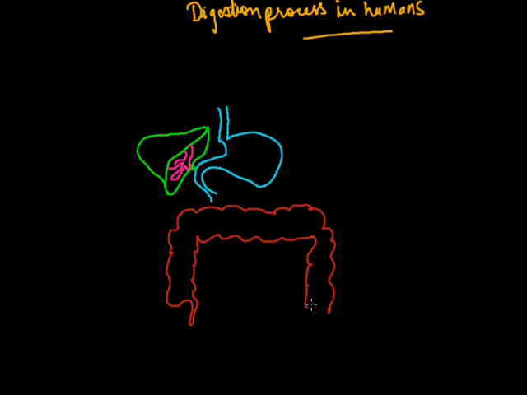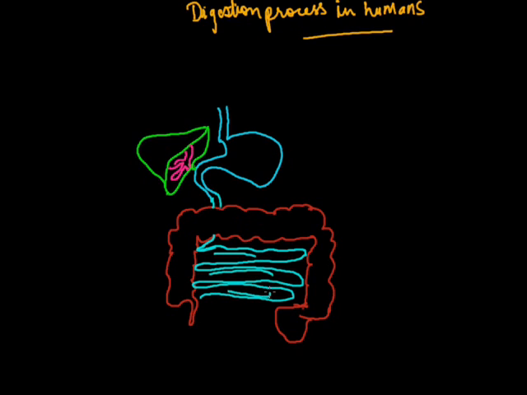We will keep on labeling also, children. Now this is the small intestine. Besides this, we are also going to show the gallbladder here. It is a leaf-like structure.